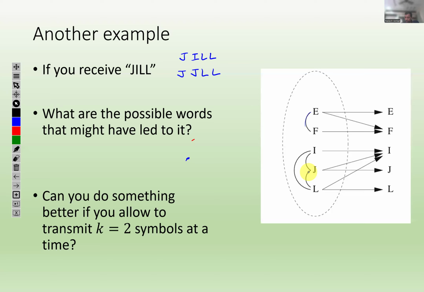Is that a confusing thing? I got JLLL. J could have arisen from J, L could have arisen from only L. So JLLL will not arise in the output if I send JILL.